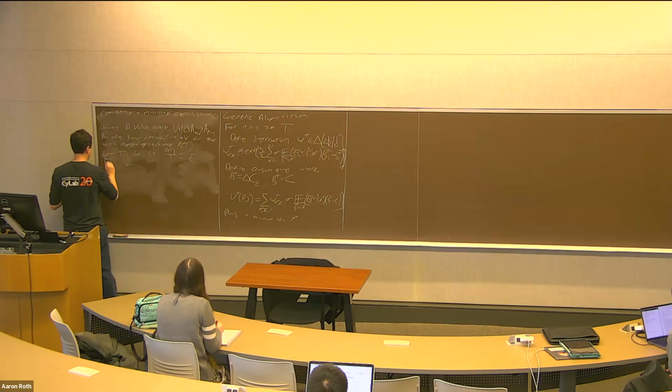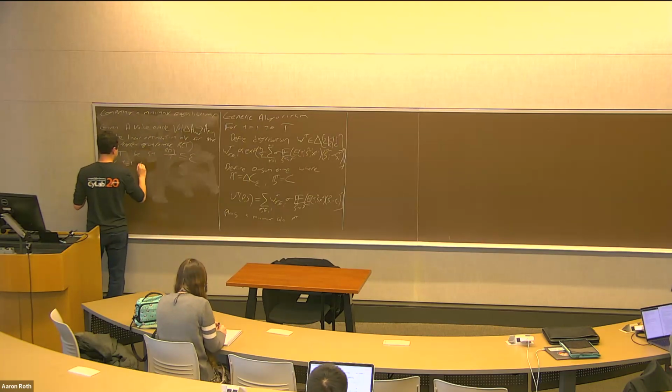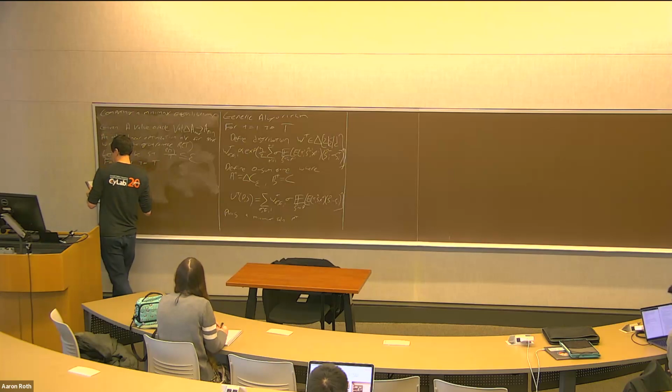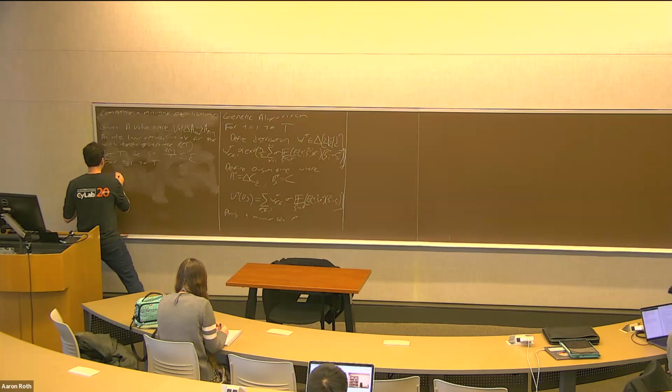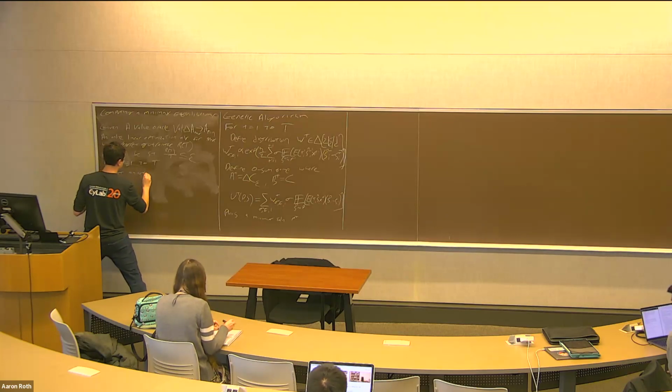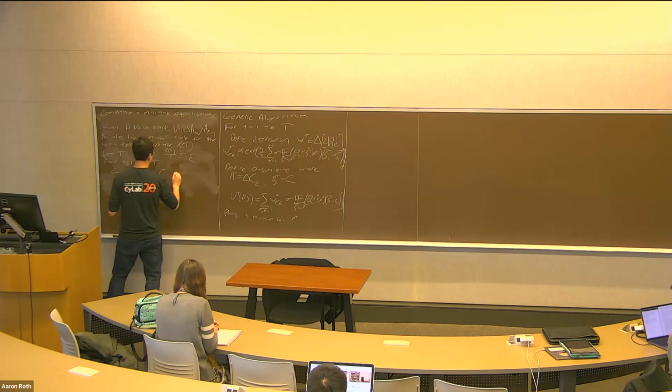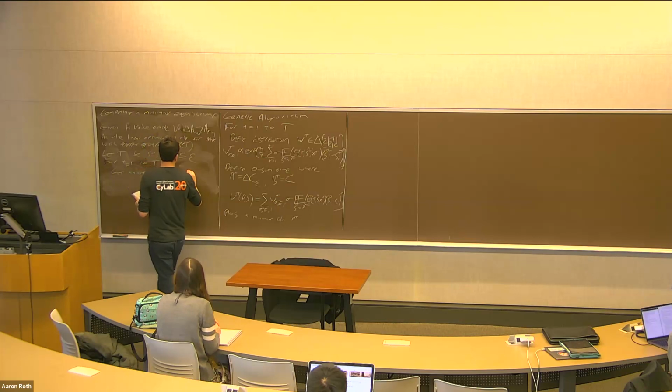And for each of those rounds, we get an action B of t for the adversary from the no regret algorithm.